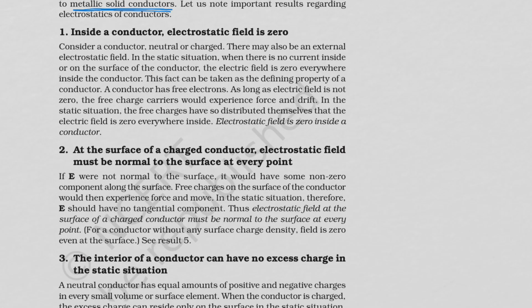Let's draw one conductor. So this is our conductor, and there are a number of free electrons inside the conductor. That is the preliminary understanding of a conductor. When there is an external field applied, what will happen?